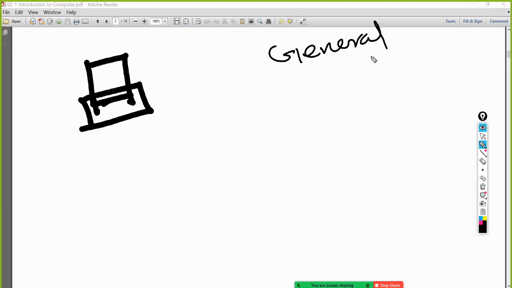When I ask a question for the exam, you have to give a more specific answer. Again, think about what a computer is. What is the best answer you can give?